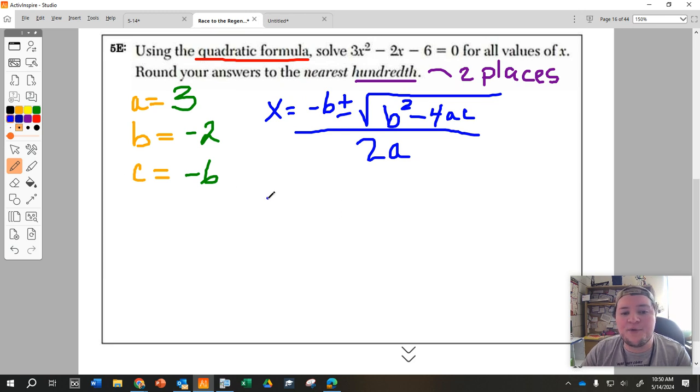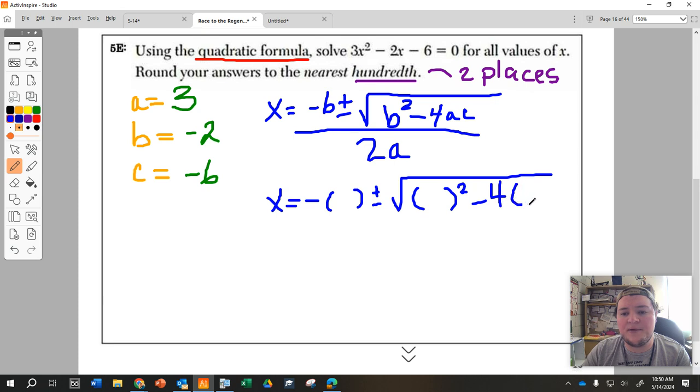The next line down, I'm going to rewrite the formula again, and everywhere I have a letter, I'm going to leave open parentheses, and I'm going to plug it in. X equals negative parentheses, plus minus square root, parentheses squared minus 4, parenthesis, parenthesis. Extend it a little bit.